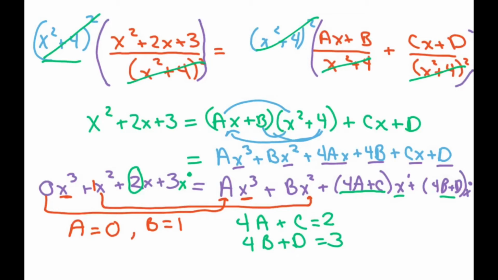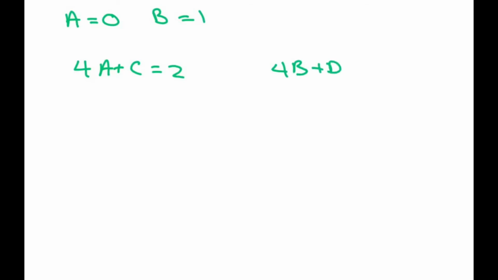So now I can plug in my a's and b's, and I'm going to do it on the different slides. So I have a equals 0 and b equals 1. Also have 4a plus c equals 2 and 4b plus d equals 3. So I'm merely going to substitute.